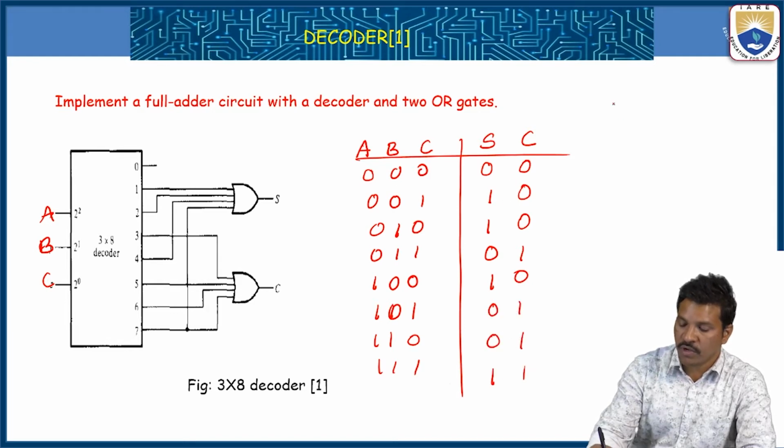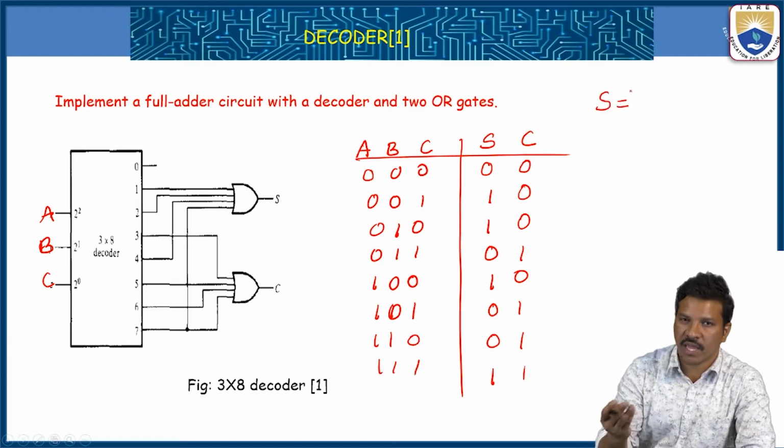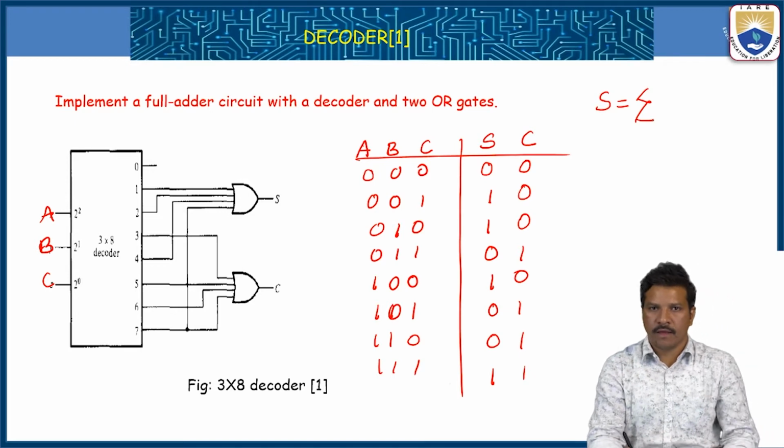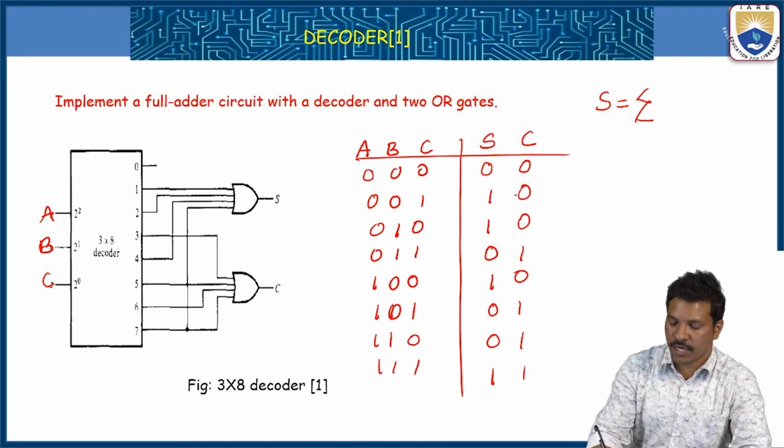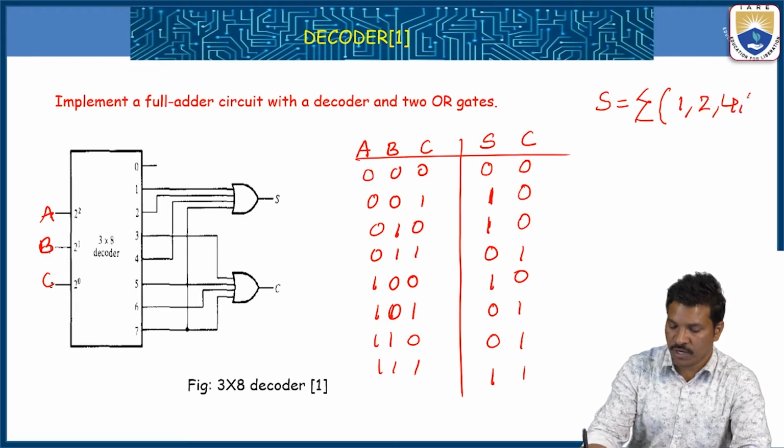So, if you find out the Boolean function for sum with the help of K-map, or by inspecting, what are the combinations of input for which the corresponding output is high? In decimal, 001 means 1, so 1, 2, 4, 7.